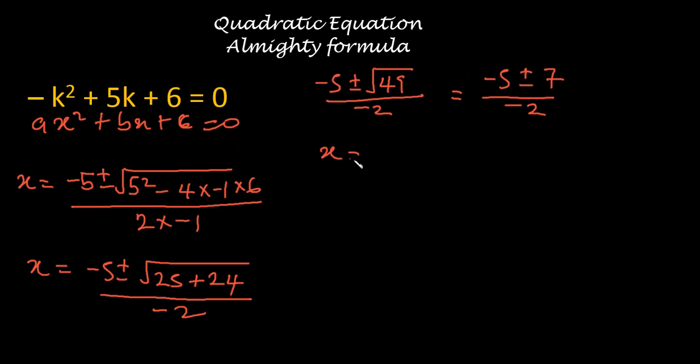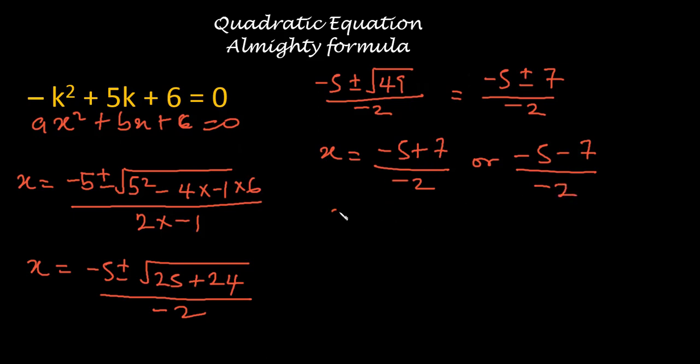So our x is equal to minus 5 plus 7 over minus 2, or minus 5 minus 7, everything over minus 2. So our x is equal to minus 5 plus 7 is 2 over minus 2, or minus 5 minus 7 is minus 12, everything over minus 2.